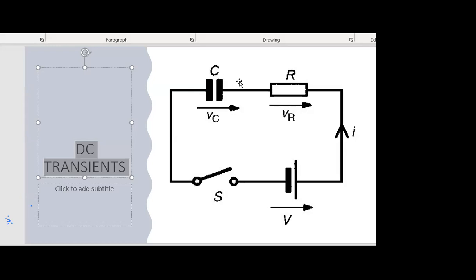So that time before it stabilizes is the transient.